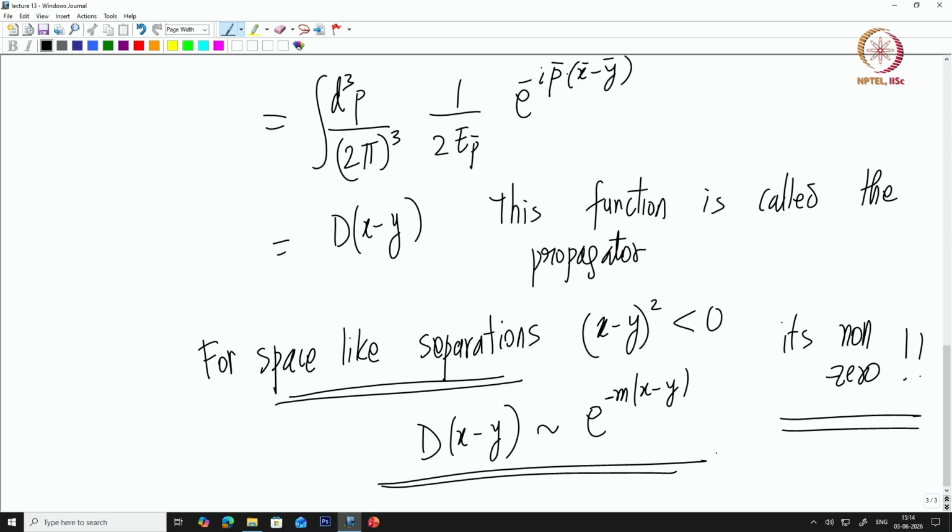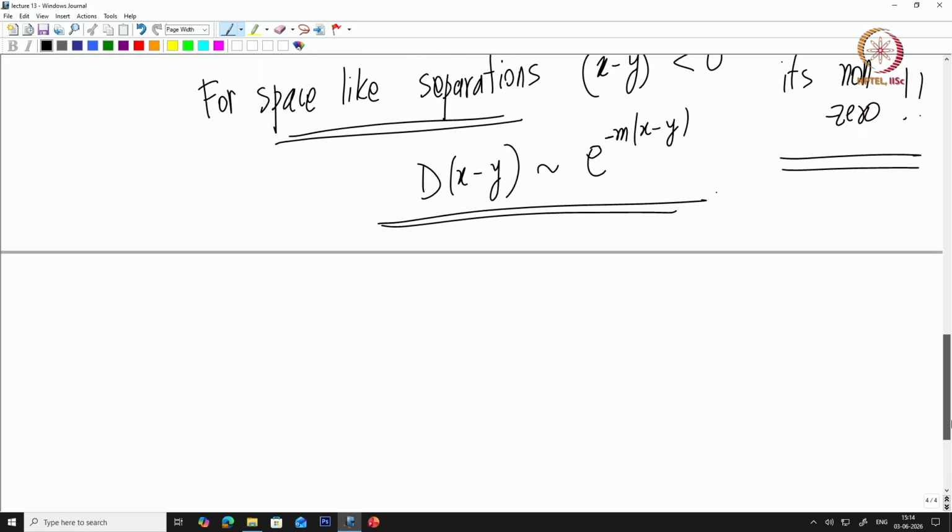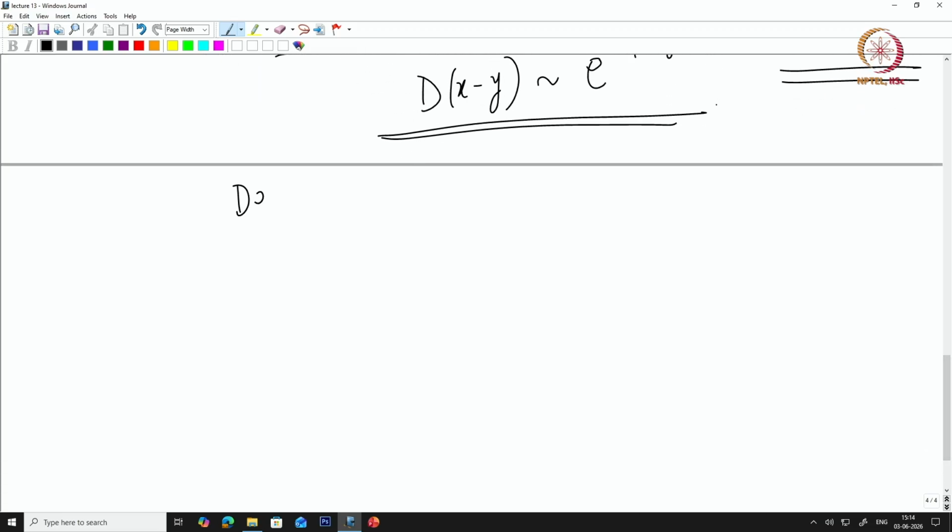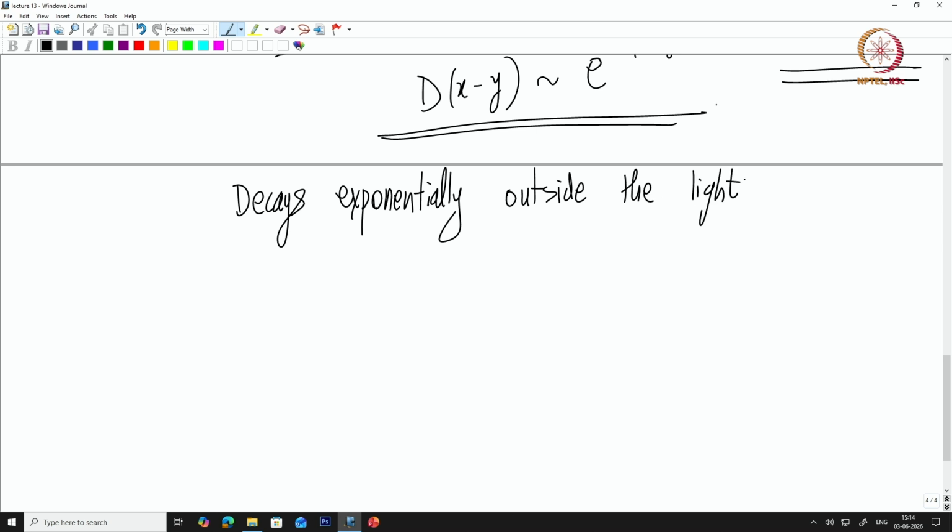So, it decays exponentially outside the light cone, but it is still non-zero.